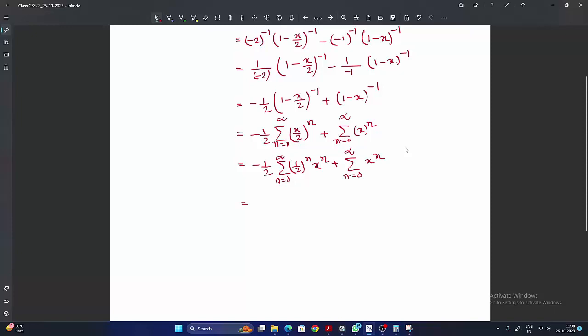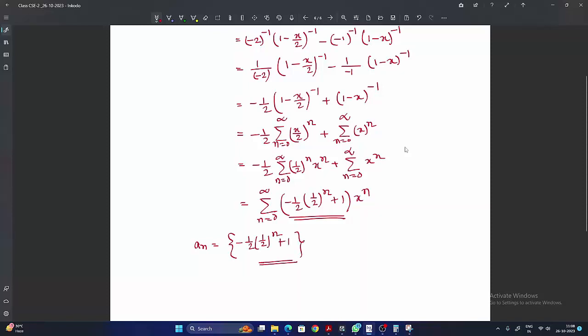Then we can merge these two series together like that: n equals 0 to infinity of minus 1 by 2 into 1 by 2 to the power n plus 1 into x to the power n, and that is the sequence behind that. a_n is equal to minus 1 by 2 into 1 by 2 to the power n, plus 1. That is the sequence.